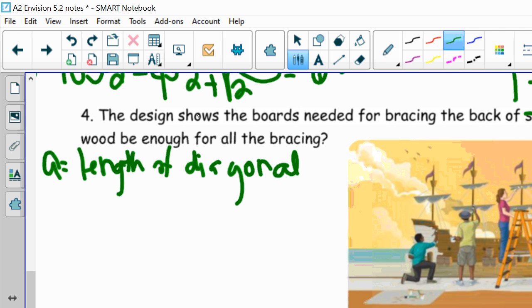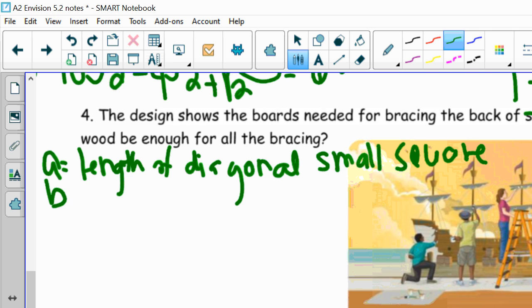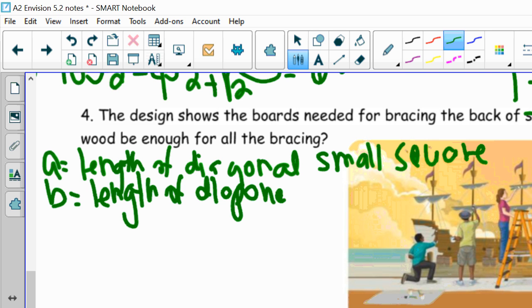This is the length of the diagonal of the small square. And B is going to be the length of my diagonal of the large square. I need to find the area because I want to know if 75 feet is enough for all the bracing.